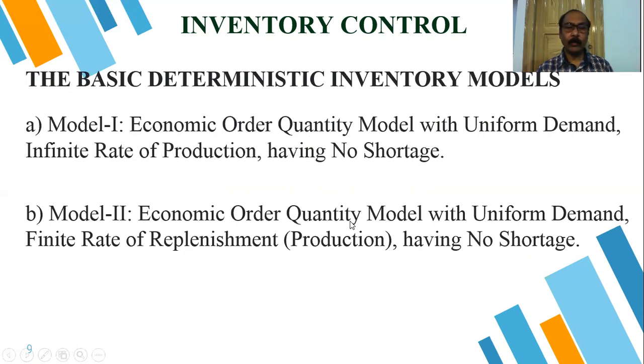Model 2 is the economic order quantity model with uniform demand and a finite rate of replenishment, that is, production. When you are replenishing, the rate is finite. No shortage means as soon as the quantity comes down to zero, then and there we get our inventory, the stock of the product, for the production.